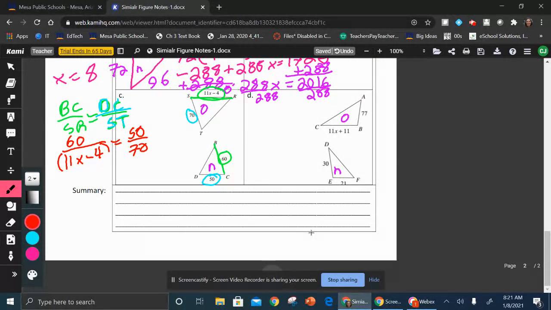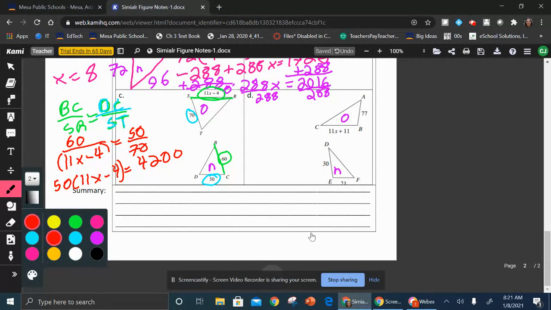So 60 times 70, I know that 6 times 7 is 42. So 42, add 2 zeros. Okay, and then this one, we're going to have to do our distributive property again. Hooray! Get to distribute. Love it. Just getting to multiply.